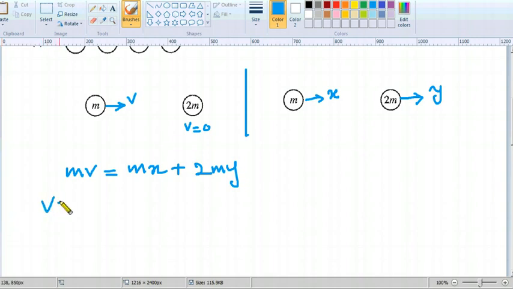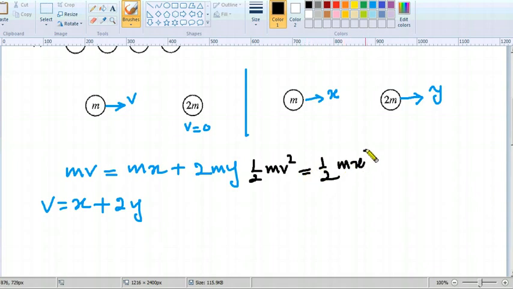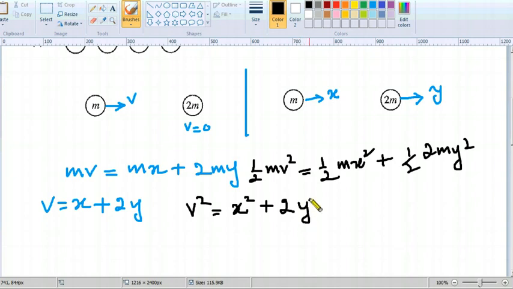Then simplify: v equals x plus 2 times y. Then the other equation, conservation of kinetic energy: half mv squared plus 0 equals half m x squared plus half 2m y squared. So half cancels, m cancels: v squared equals x squared plus 2 times y squared.